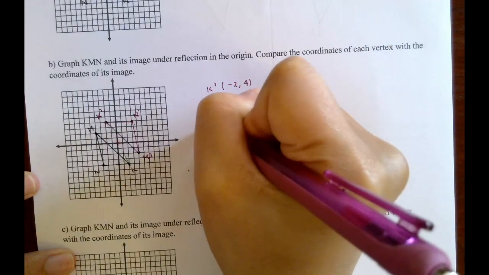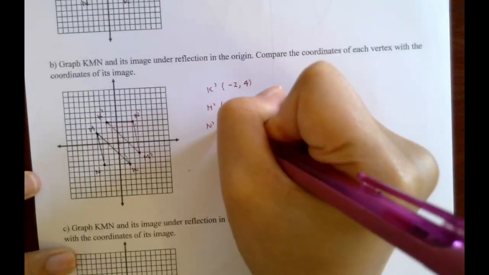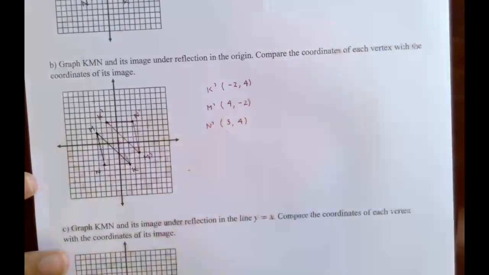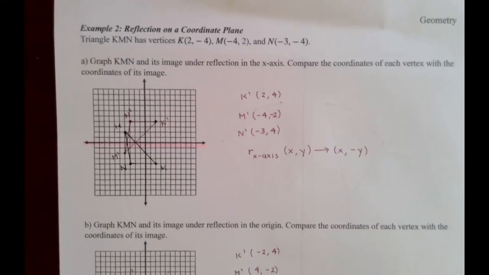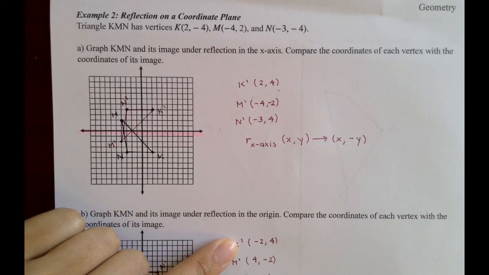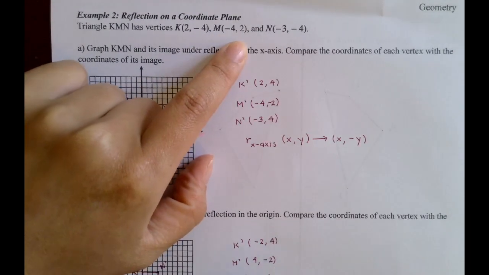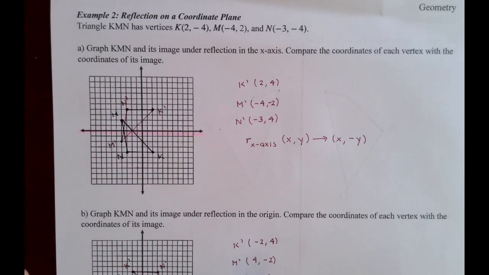And then N prime is now at 3, and up 4. Okay. And then comparing the coordinates of each, right? So 2, negative 4 became negative 2, 4. Negative 4, 2 became 4, negative 2, and negative 3, negative 4 became 3, comma 4.